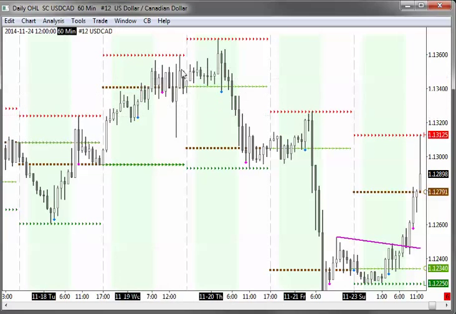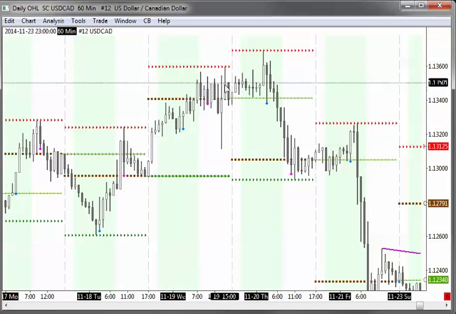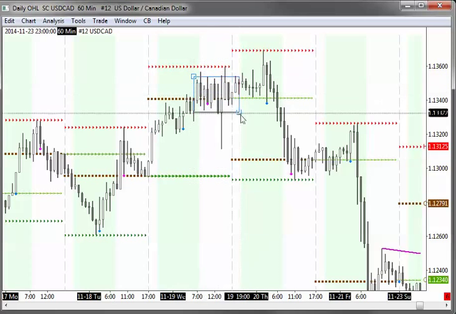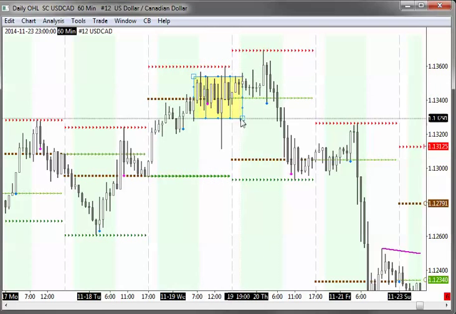Now this day here, it was equal on both sides. We really didn't take off much. Let's see here. No, it's wrong. Over here, the low was right on the first hour of trading, and from that, it chose what side it wanted to be on, and it moved up. But what we saw in here, and this is just using a little bit of common sense, we saw indecision the entire pit session, the RTH session.